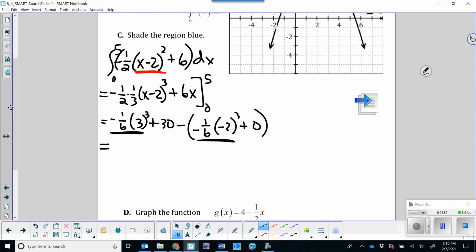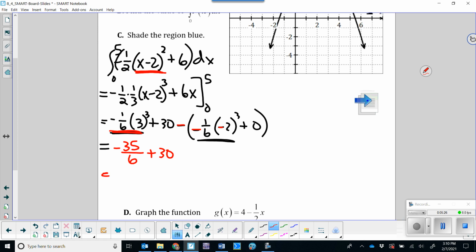And then, follow this, I have minus a negative, and negative 2 cubed will also be negative, so that's also going to be negative. 2 cubed is 8, and 8 times 1 over 6 gives 8 sixths. So I'm going to have 8 sixths negative, and I have negative 27 sixths. So that's negative 35 sixths, and then plus 30.